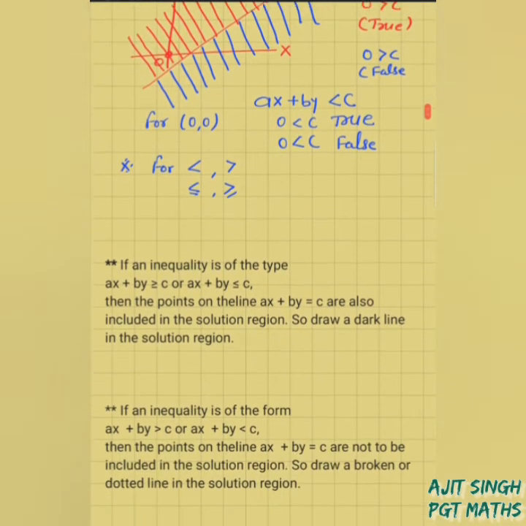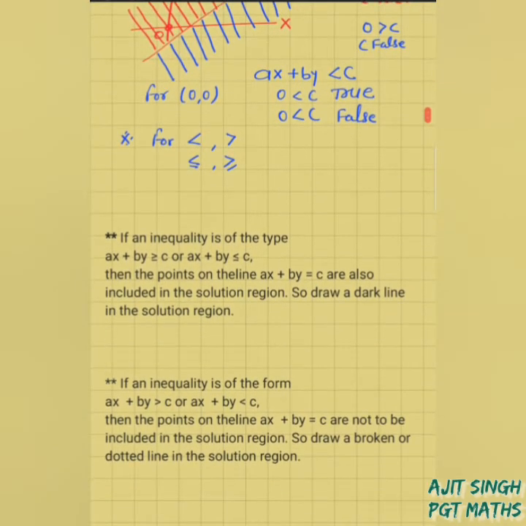If an inequality is of the type ax plus by greater than equal to c or ax plus by less than equal to c, that is, the signs of the inequalities are greater than equal to or less than equal to, then the points on the line ax plus by equal to c are also included in the solution region. These points will be part of the solution region. So for less than equal to and greater than equal to, we will draw a dark line.